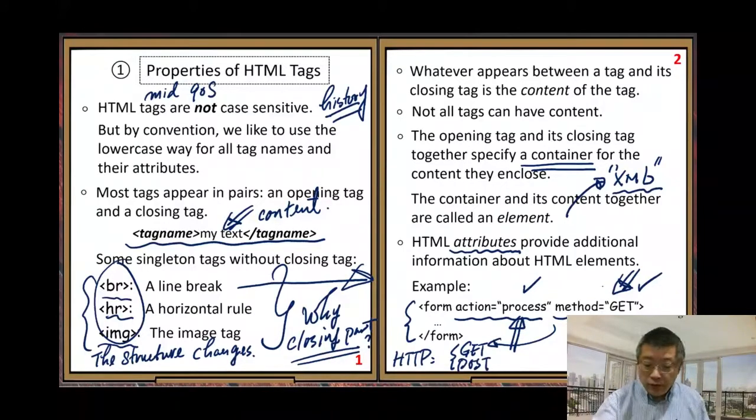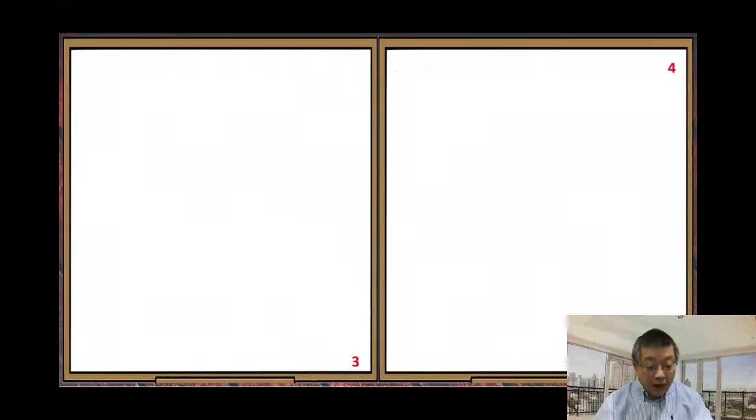Here, we tell the browser to send a get type request, and for that reason we need to use an attribute here. We need to do a little more, so we add HTML attributes to do more tasks. Next, let us look at properties of attributes.